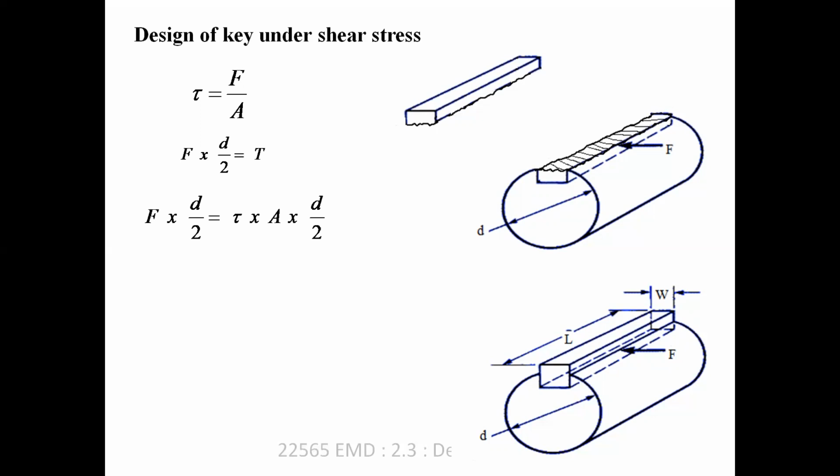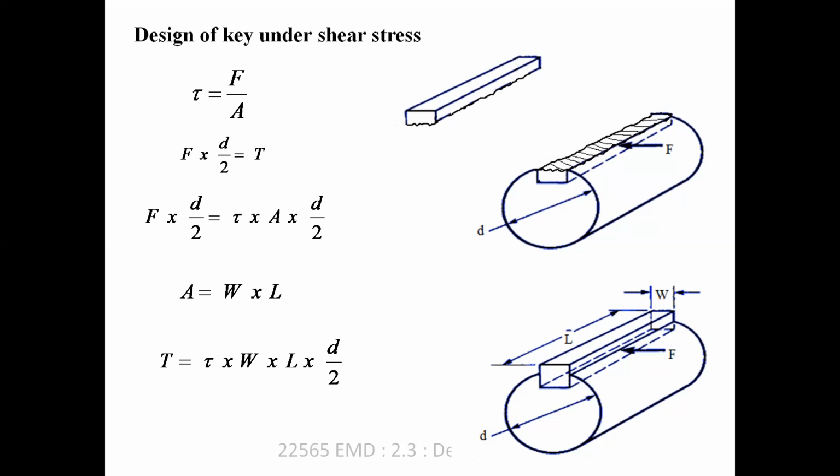Now if I consider the area of shearing, it is W as width and L as length. If you put that inside the equation, then torque T is equal to tau into W into L into d by 2.